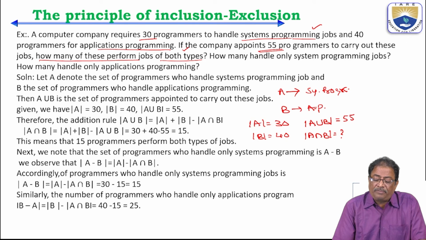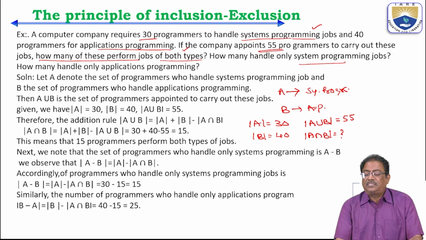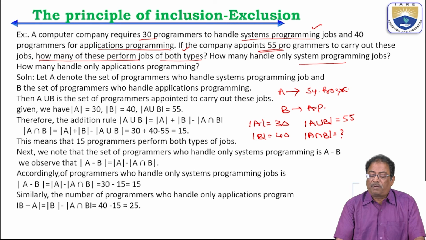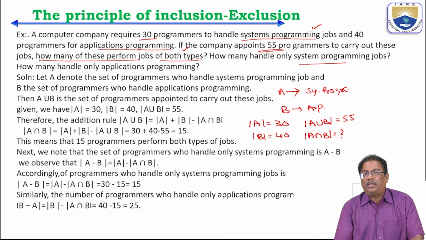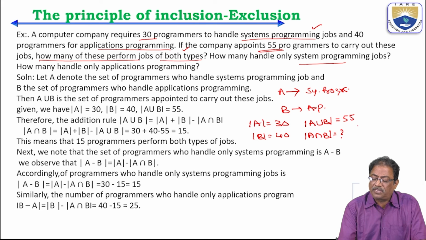Then another one is, how many handle only system programming jobs? That is the cardinality of only A, that is A minus B. So here A is this and B is this.